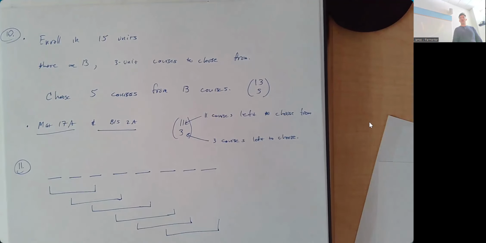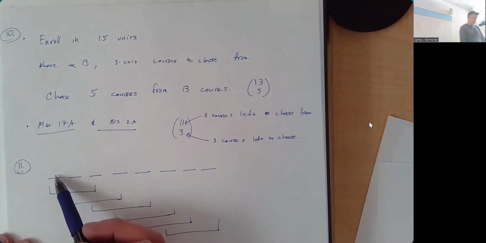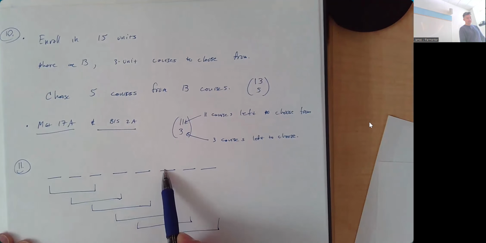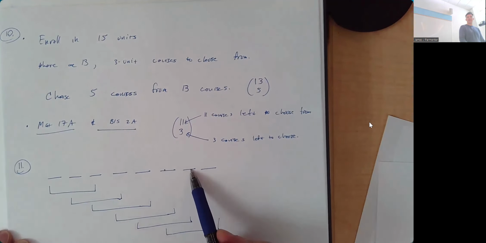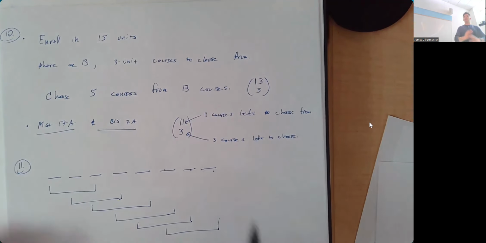Or another way of saying it is, what is the leftmost chair that one of those 3 men has to sit in? It's chair 1, 2, 3, 4, 5, or 6. The leftmost man can't sit in chair 7 or chair 8 in this group of 3 men. So there are 6 choices for where the leftmost man in the group of 3 men sits.